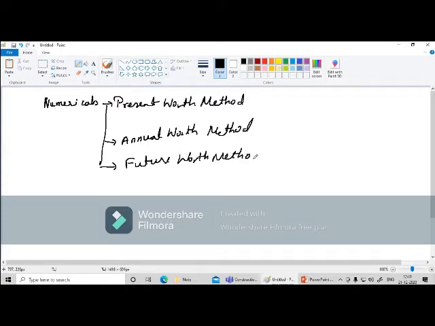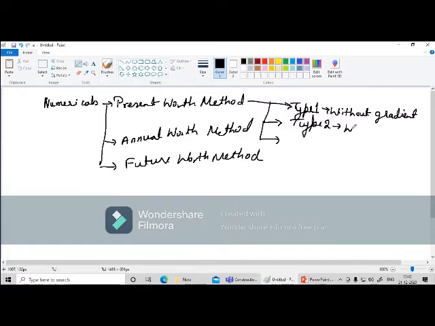In the present worth method itself we have different types. Type 1 is without gradient. Type 2 is with gradient, meaning the cash flow is having a gradient.